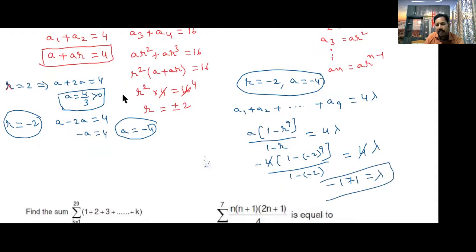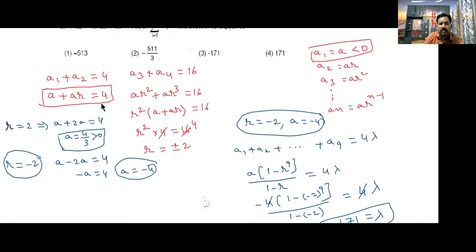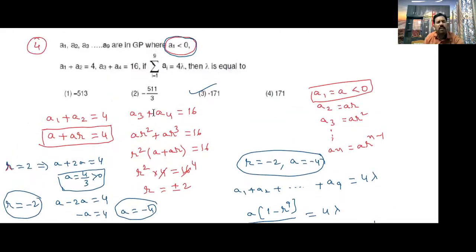After calculation, you will get lambda value minus 171. Third option, correct. Students, all of you understood? This is also an easy question only, but observe that A1 is less than 0. First term is negative. Okay, I think all of you understood now.